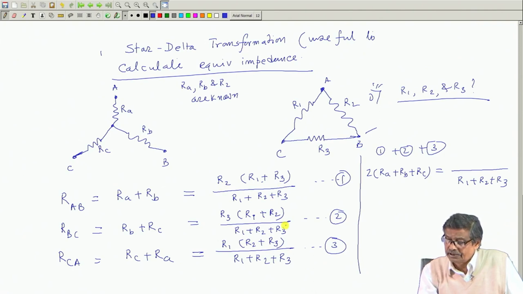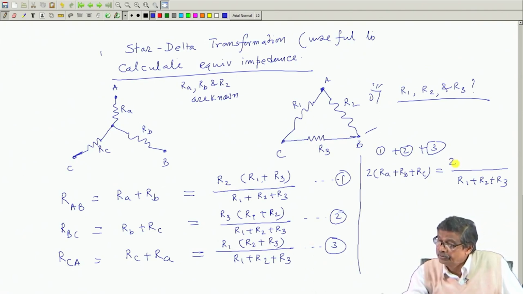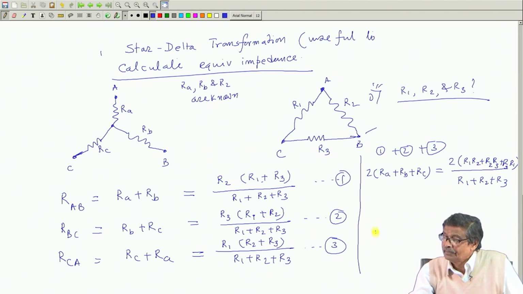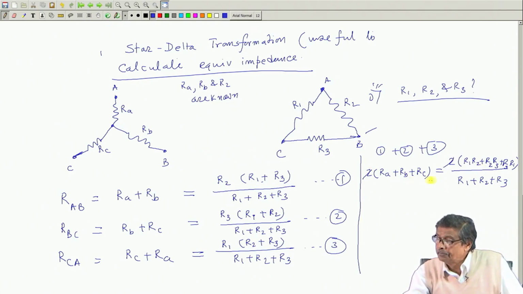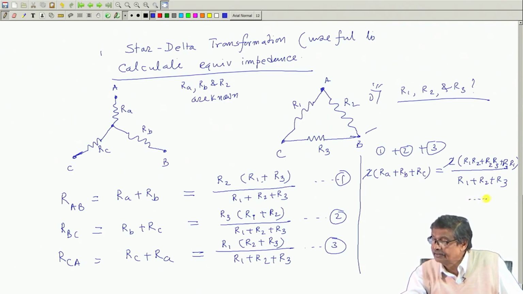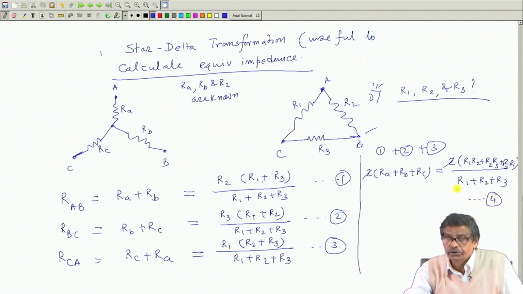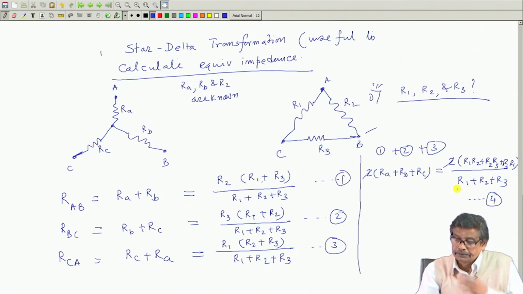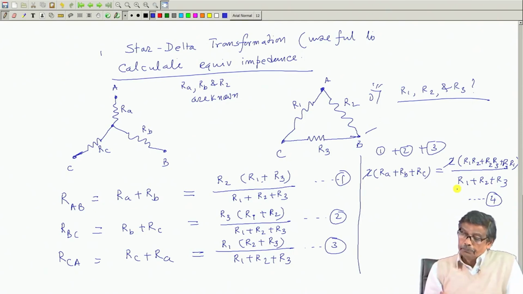Similarly, R2R3 appears 2 times. It will be 2 into (R1R2 plus R2R3 plus R3R1). This 2 goes. So, RA plus RB plus RC is equation 4. No new equation, just adding these 3. In which way will it help me?